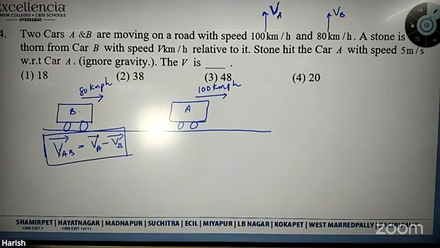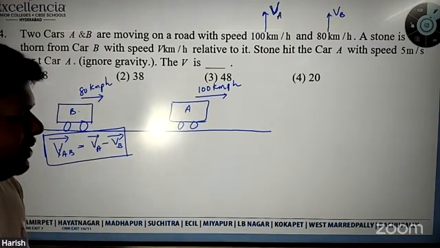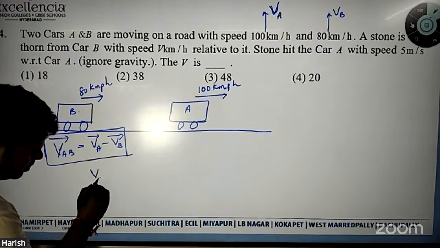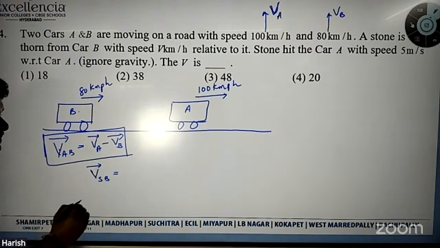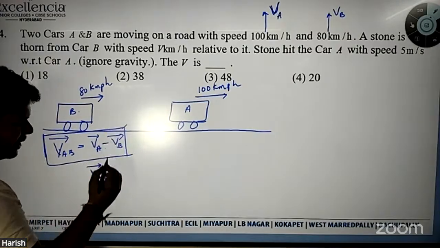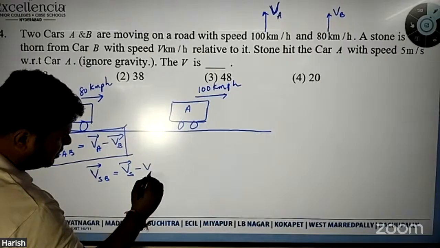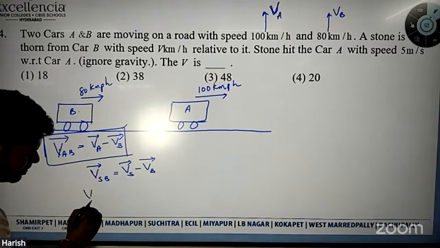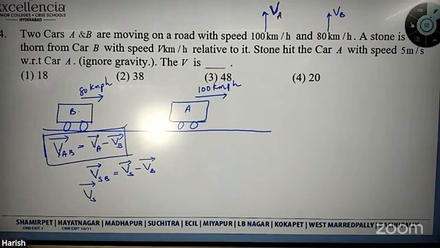Now look at this. The relative speed of the stone with respect to car B is V. I'm writing that in a formula. The velocity of the stone with respect to car B is, by using this formula, velocity of stone minus velocity of car B. So from here I get the absolute velocity, that is, the velocity of the stone with respect to ground. When I say absolute, it means with respect to ground.